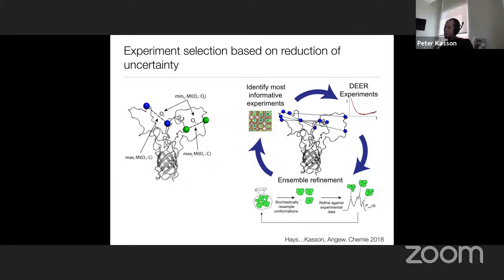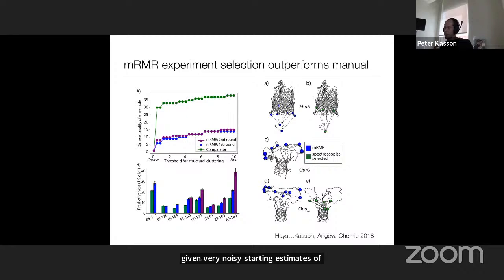And we showed that even given very noisy starting estimates for conformational models, we could select experiments, use the resulting data to refine those conformational ensembles, and substantially outperform experimental selection by a trained spectroscopist, in large part because our estimates both could eliminate redundancy better, and we could also know when to take certain risks in experiment selection much better than a spectroscopist, who ended up being much more conservative in those cases.